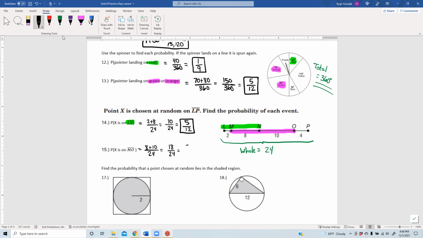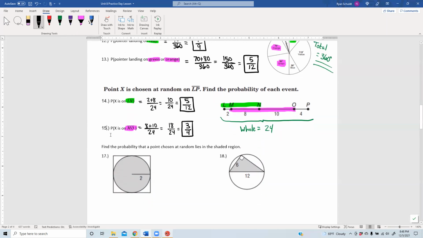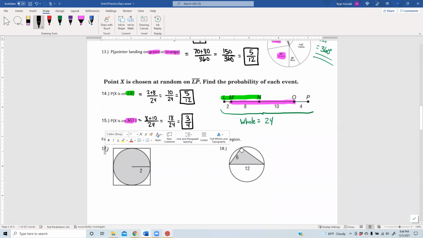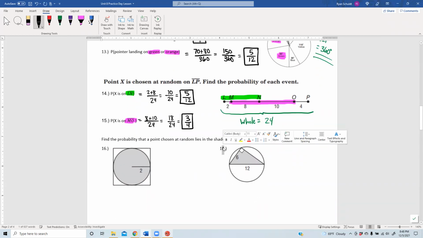Divide those both by 6, and we get 3 over 4. Okay, so I guess since I adjusted those two numbers, I need to adjust these two numbers. It's going to be 16. It's going to be 17.